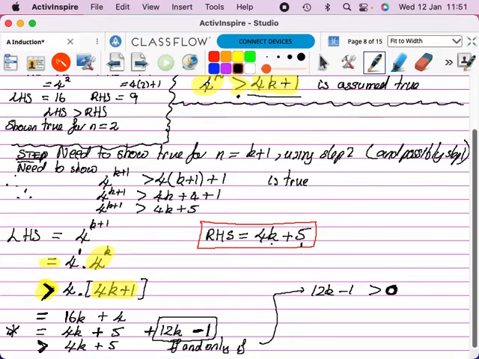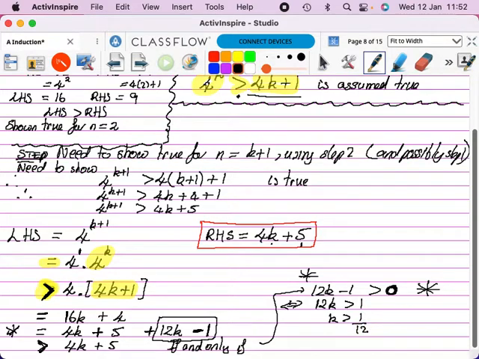So, I need to show that this thing here is greater than 0. So let's see if it is. If 12k minus 1 is greater than 0, then 12k must be greater than 1, mustn't it? And if 12k is greater than 1, then k must be greater than 1 over 12.